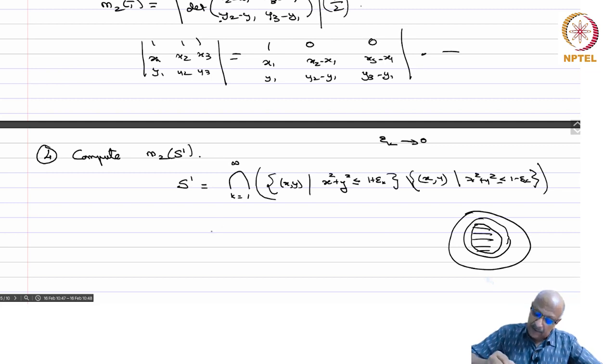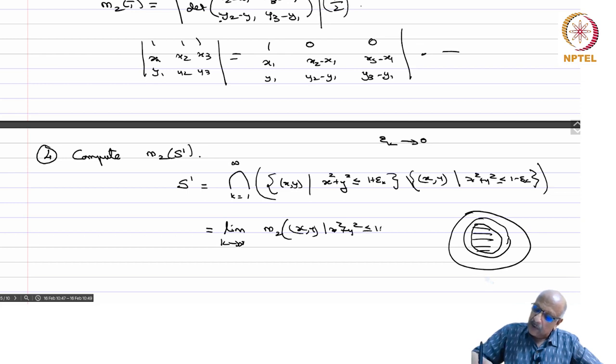Okay, and therefore that is equal to, now you have a set of decreasing sequences of sets, and the intersection is S1. So this is nothing but the limit as k tends to infinity of M2 of the set of all (x,y) such that x square plus y square is less than or equal to 1 plus epsilon k, minus M2 of the set of all (x,y) such that x square plus y square is less than or equal to 1 minus epsilon k.